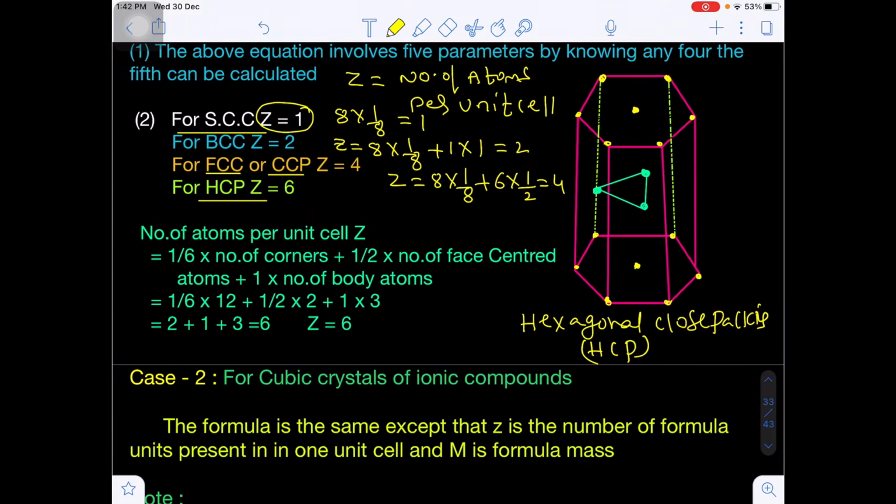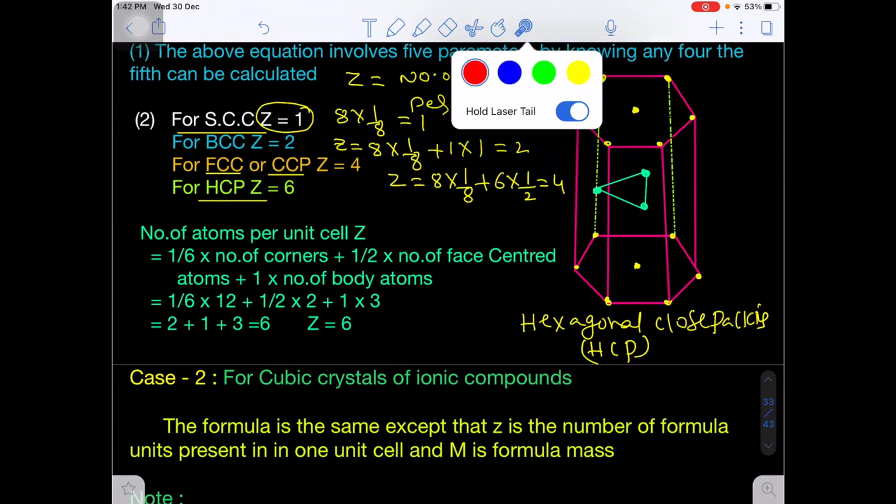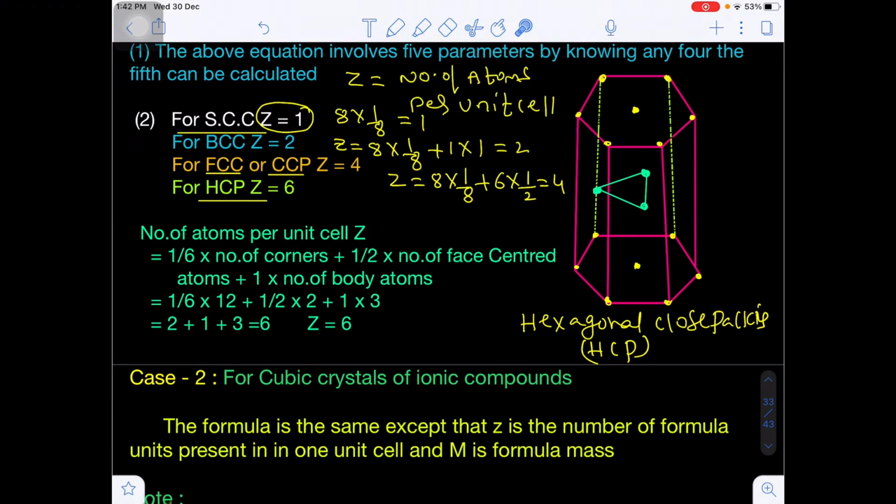Now in the HCP unit cell, if you observe, this is one hexagon here, and this is the next hexagon. In a hexagon, how many corners will be there? There are 6 corners in the above hexagon and 6 corners in the below one, so in total this is 1 unit cell.